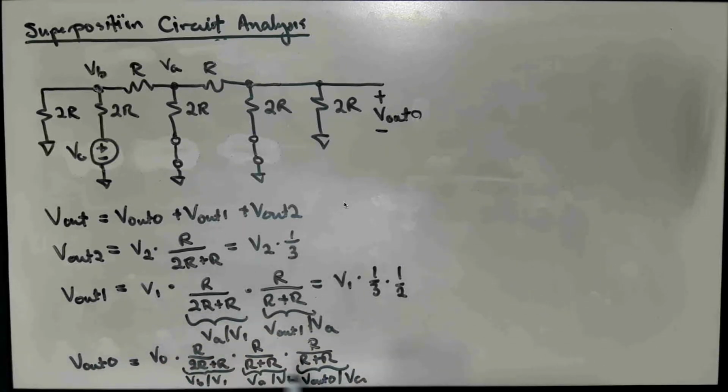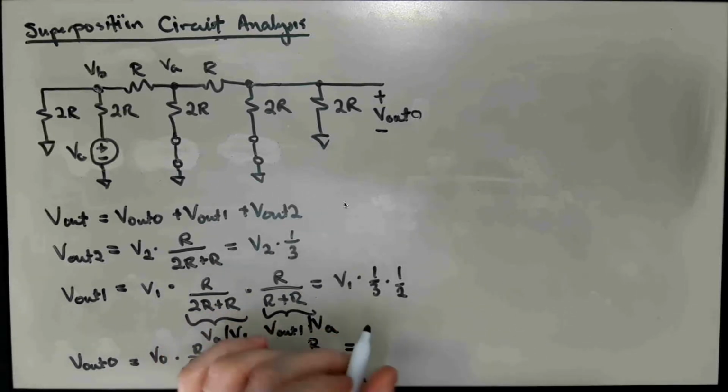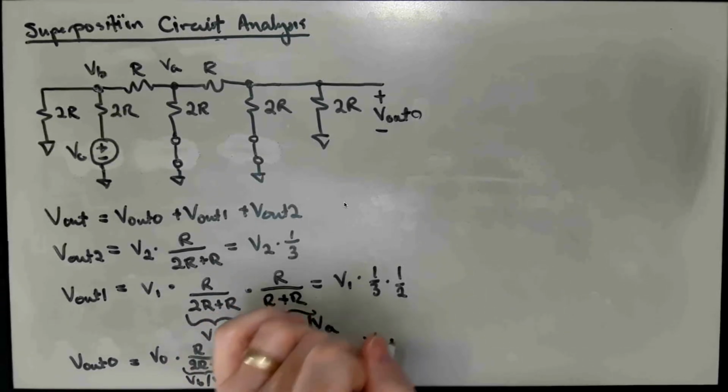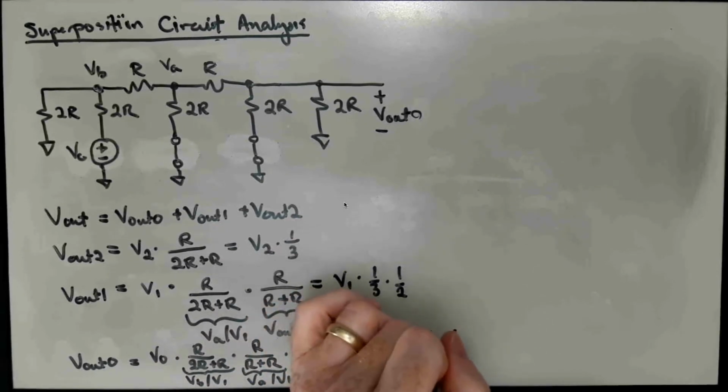So it's again a succession of voltage dividers. Here there's actually 3 two-way voltage dividers that stack up, making our overall component of Vout equal to V0 times 1/3 times 1/2 times 1/2.